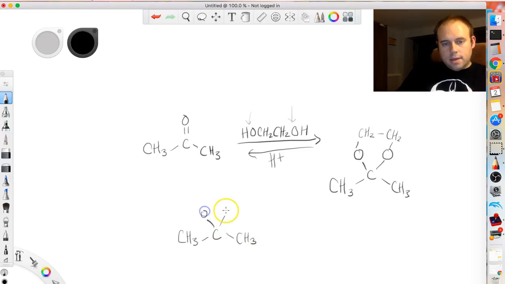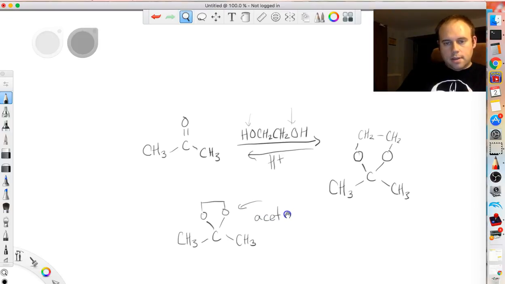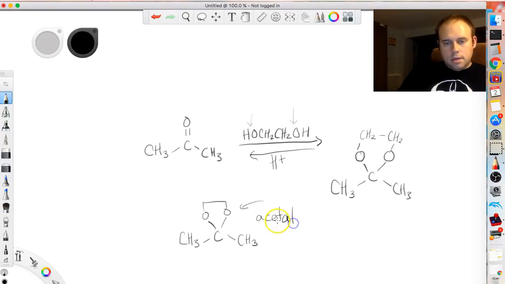It looks almost like, some people call it a hat, right? You see that? This right here is an acetal formation, using a diol. And if you ran through the mechanism, I think you could figure that out based on what we had.